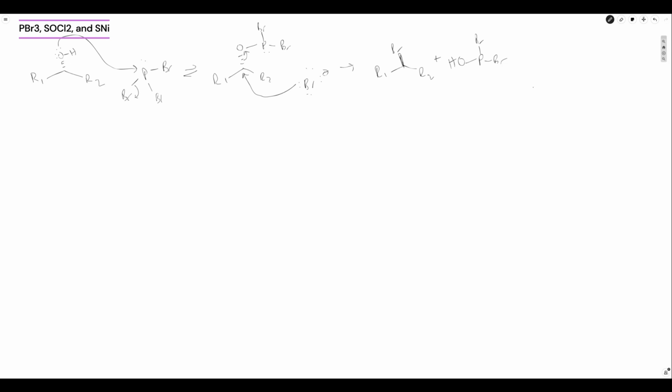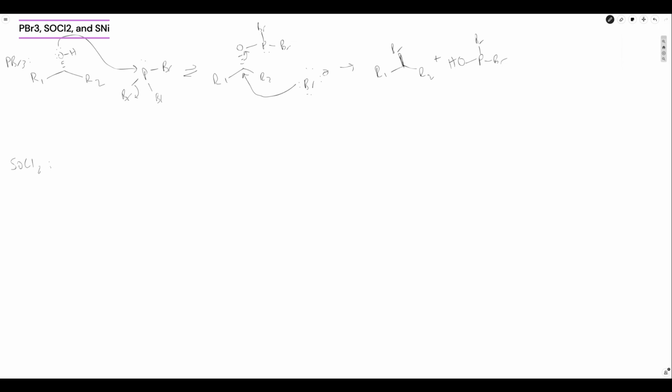So that's basically the mechanism of an alcohol reacting with PBr3. You get the bromine instead of the alcohol, and this chemistry proceeds with an inversion of the stereocenter. So this is PBr3.